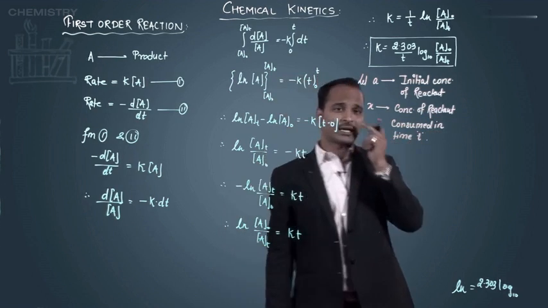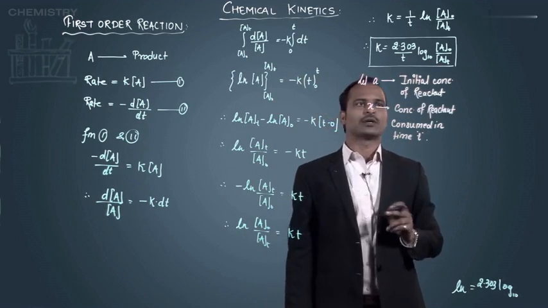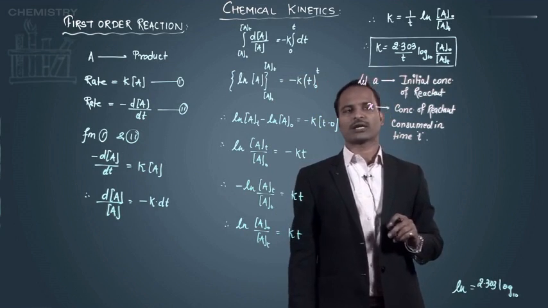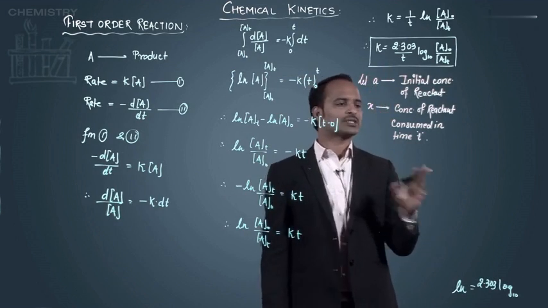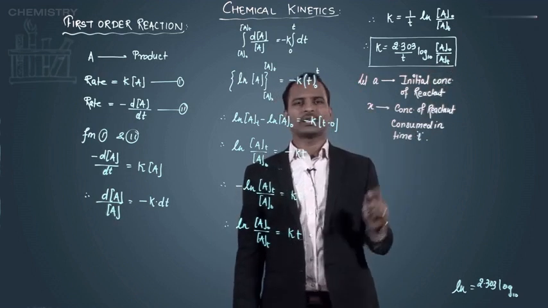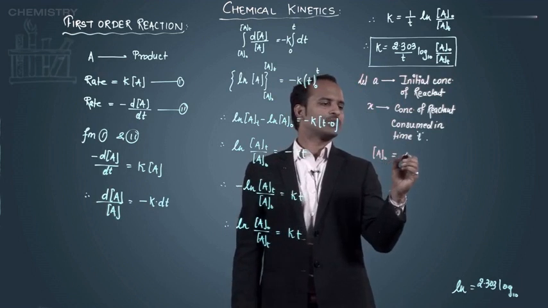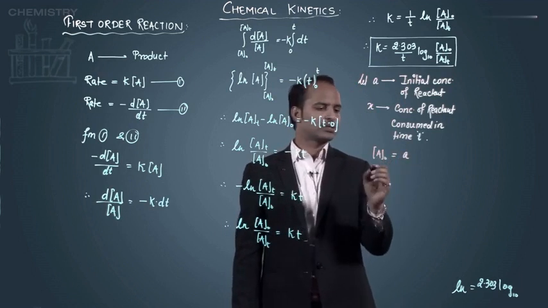So we have a and X, and I want to write the same formula in terms of small a and X, where a is the initial concentration of reactant and X is the concentration of reactant consumed in time t. Here we have A naught and AT. So A naught, which is the initial concentration, will be replaced by small letter a.